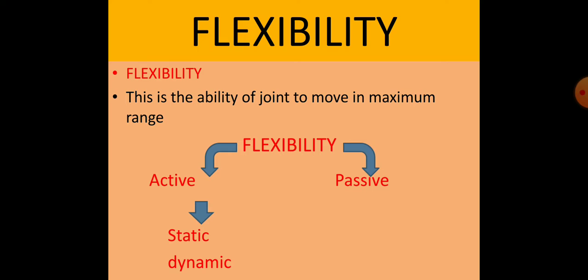Flexibility is the ability of the joint to move in maximum range. First of all, the definition: it is the ability of the body to move in maximum or full range. The types are active and passive. Initially, it is divided in two parts: active flexibility and passive flexibility.